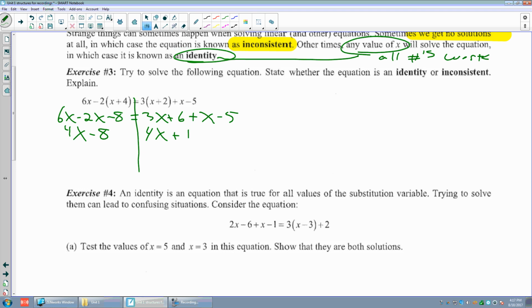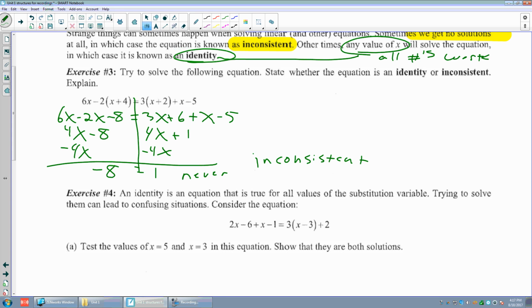If I subtract 4x from both sides, what do I get? I get negative 8 equals 1. Never. That's inconsistent. Why? Negative 8 never equals 1. You have to write that whole thing down.